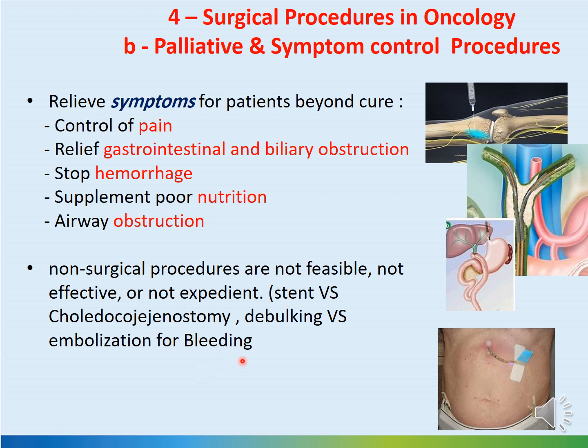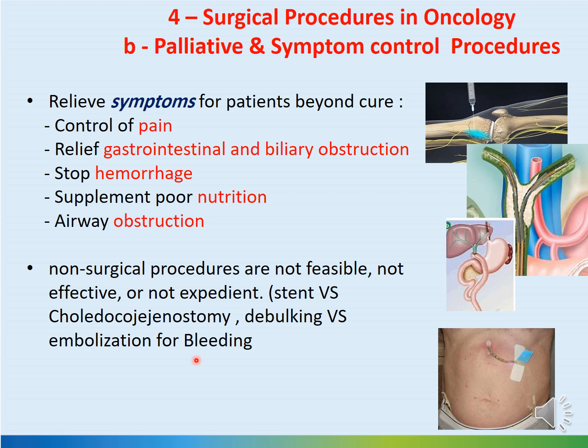Another example, when we have bleeding, for example from a tumor like a kidney tumor or breast tumor, and it causes severe bleeding. So yes, we can go for debulking surgery, just to remove the tumor in order to control the bleeding.